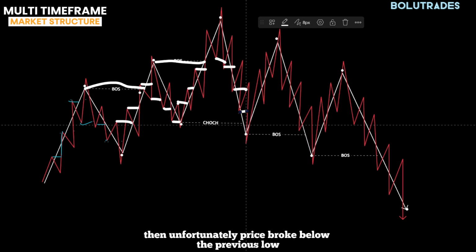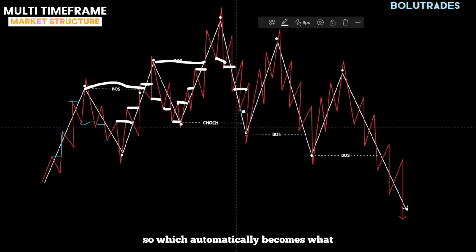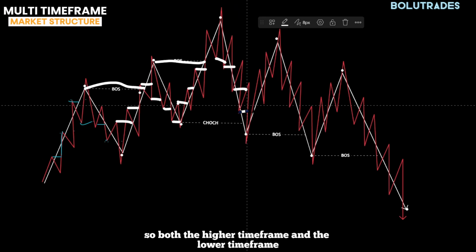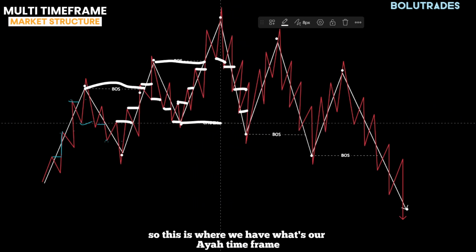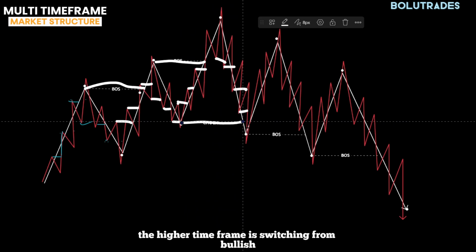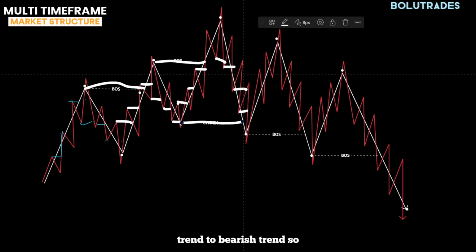Then unfortunately price broke below the previous low, which automatically becomes a change of character on the higher time frame. So both the higher time frame and the lower time frame broke below the previous low on the higher time frame. So this is where we have our higher time frame change of character to the downside, meaning the higher time frame is switching from bullish trend to bearish trend.